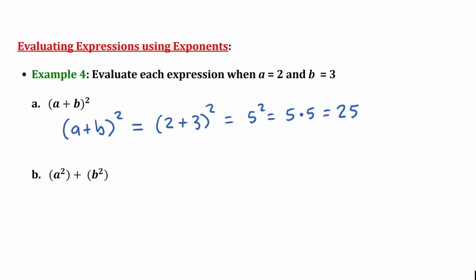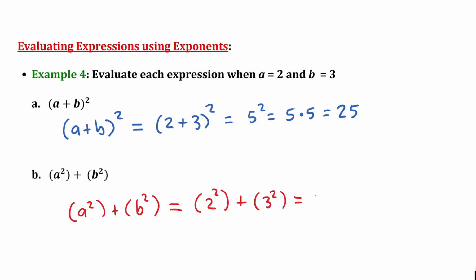Now, for this next example, I'm going to rewrite my expression, a squared plus b squared. Then I'm going to rewrite it again and just put in the numbers we're given. 2 squared plus our 3 squared.